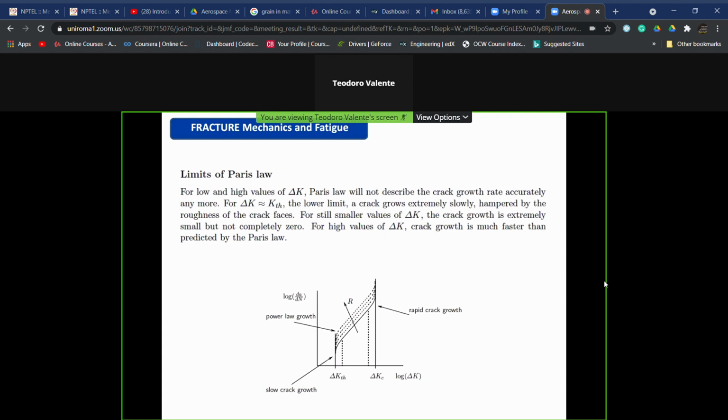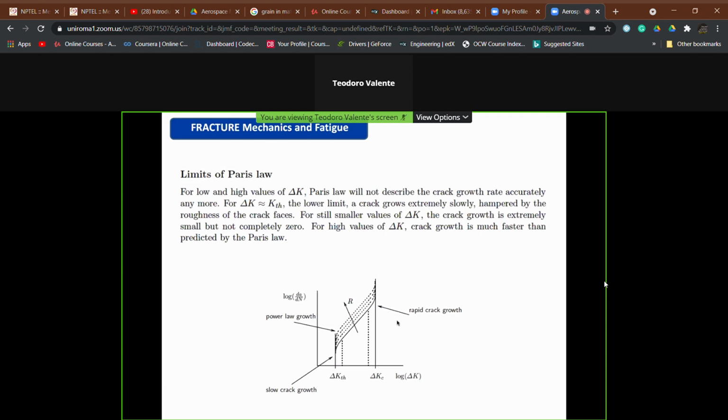When the value of delta K is near the threshold value, delta K threshold, that is the lower limit, generally speaking a crack grows very slowly, and it is hampered by the roughness of the crack faces. For still smaller values of delta K, the crack growth is extremely small, but not completely zero.